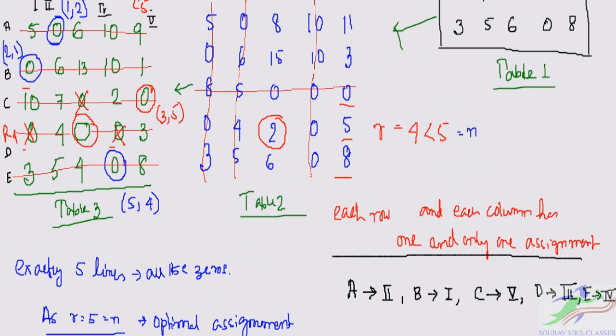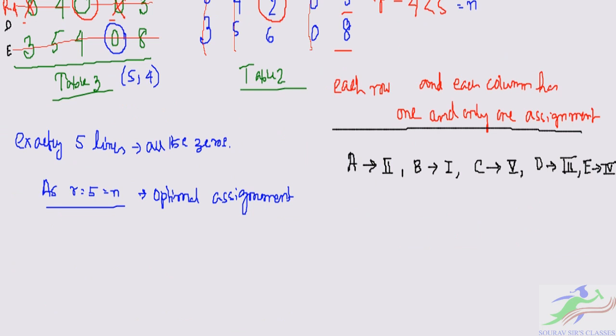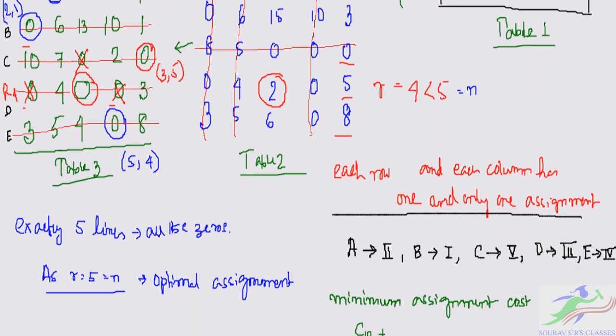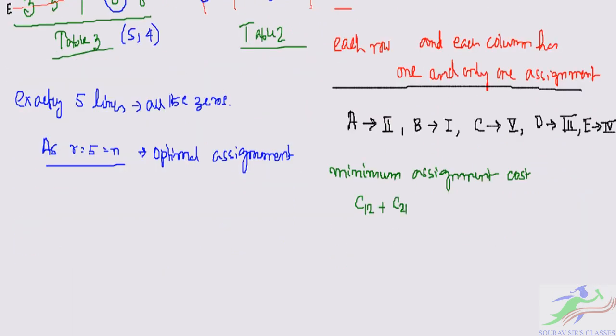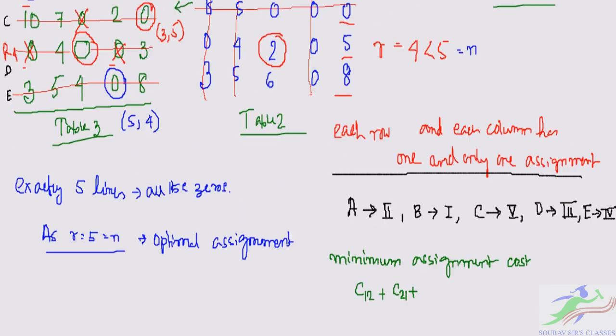So the minimum assignment cost is C of 1 2, plus C of 2 1, plus C of 3 5, plus C of 4 3, plus C of 5 4, right?